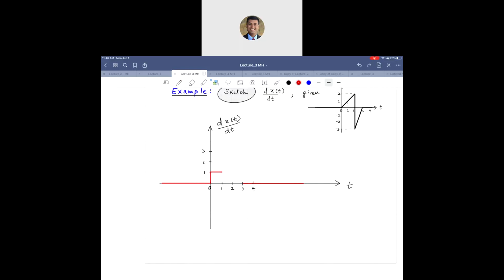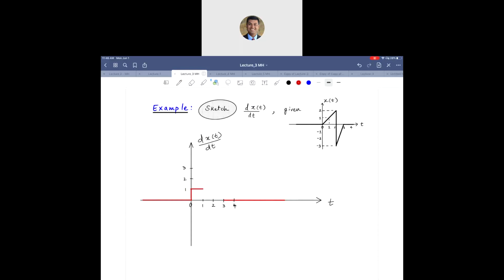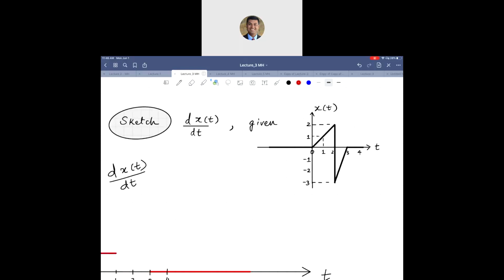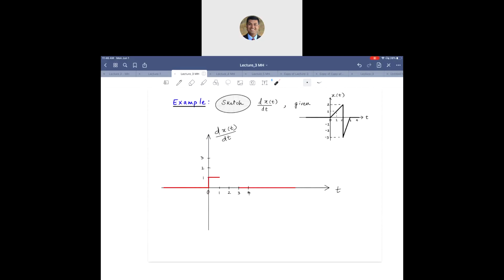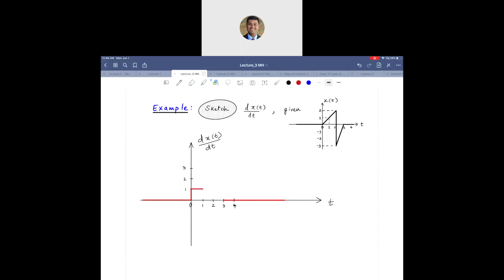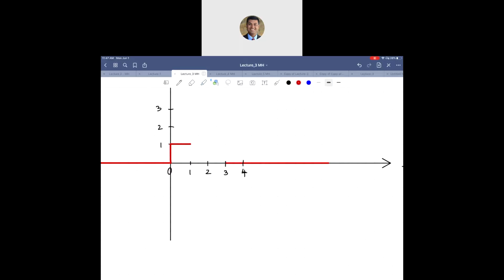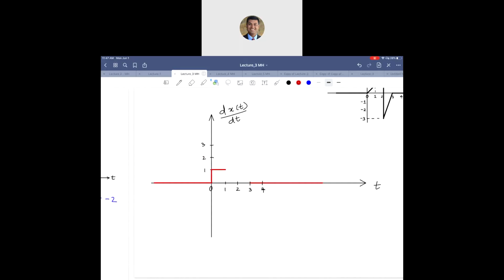Next, between 2 and 3, first I have a discontinuity at 2. How is it going, from high to low or low to high? Well, it is jumping down, right? As I'm sketching from left to right, that is going from 2 to -3. So that means it is a jump going down by 5 units. So that would correspond to an impulse with a weight of, oh, by the way, this is going up to 2, right?